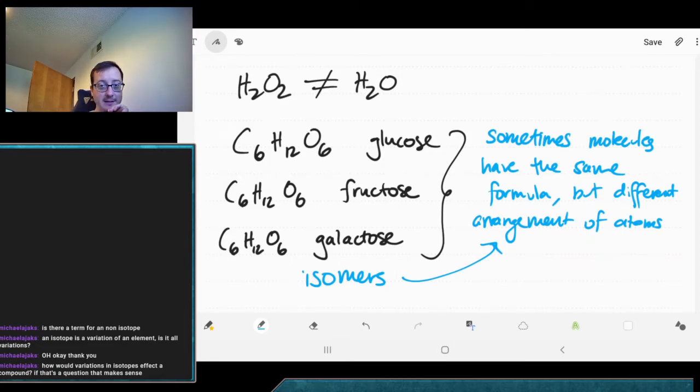But in this class, it does not matter. For us, we don't have to worry about isotopes beyond acknowledging they exist and understanding that we take into account all of the isotopes when we talk about atomic mass.